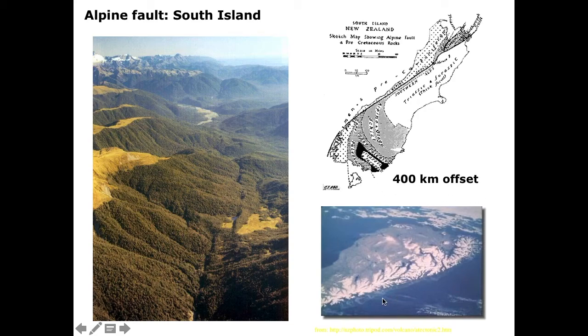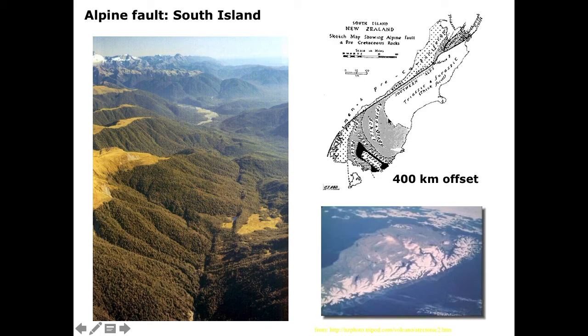Here's another satellite view of the South Island. You can see the fault running right along here, separating the higher mountains that have snow on them in this view. And that's partly because the Alpine fault is an oblique fault.